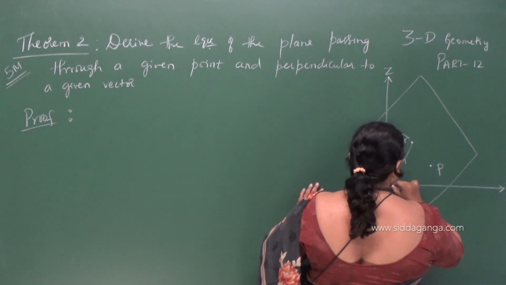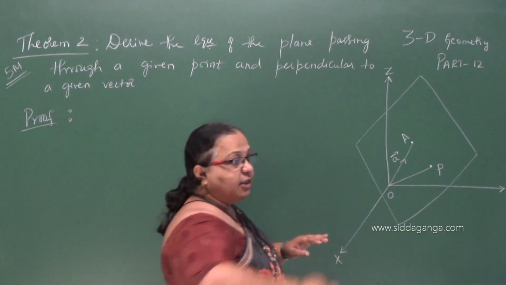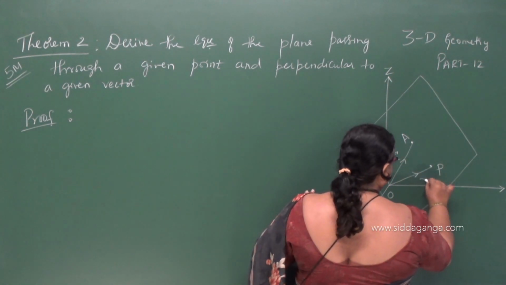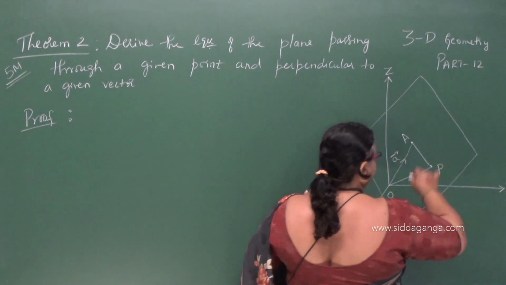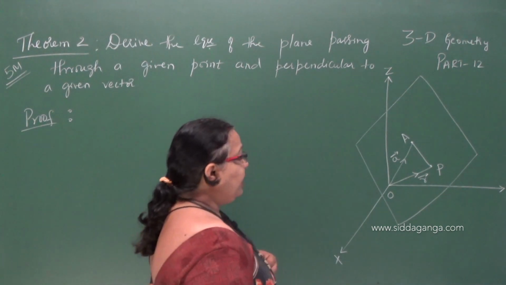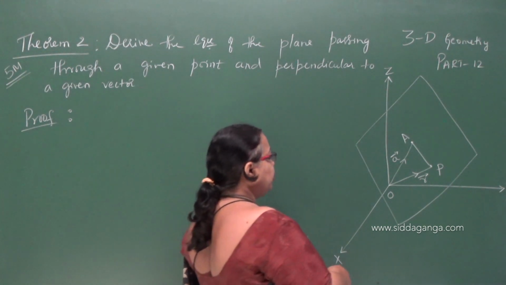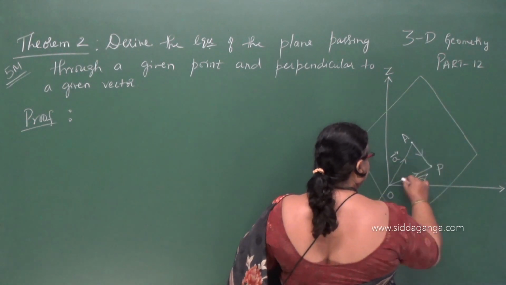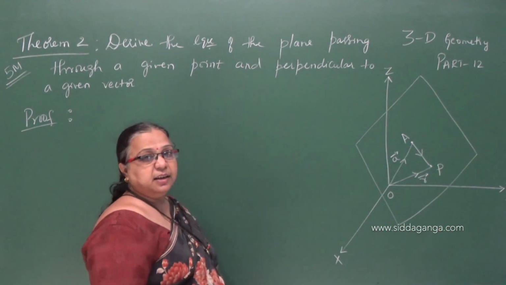Then you write the position vector, that means you join OP from the origin, and you take this as vector r. Now join AP. So according to the addition law, vector OA plus vector AP is equal to vector OP.